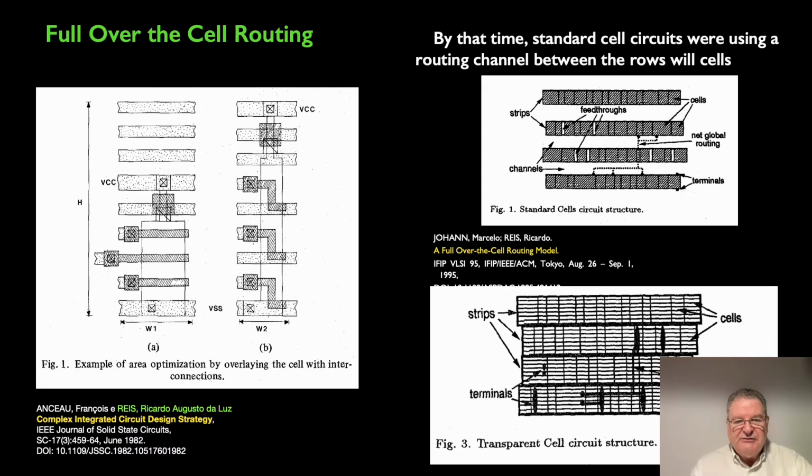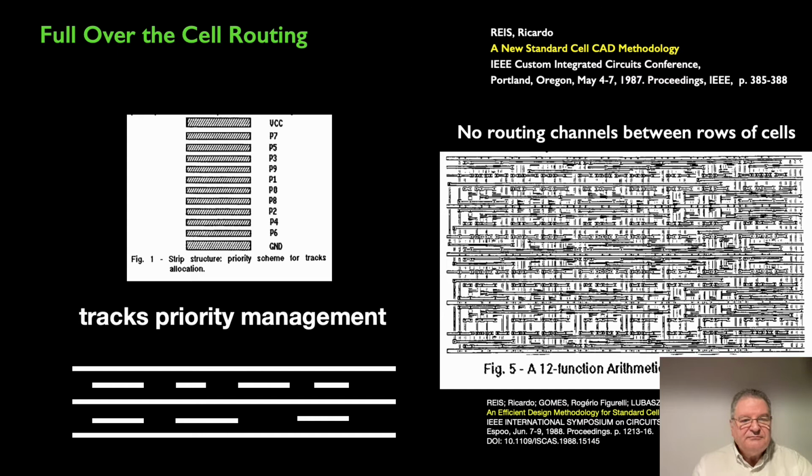Then we started developing tools at that time, '83, '84, where we also used track priority management. For example, one track had priority for connections between other cells, crossing one cell, and the short connections inside cells or between neighboring cells used the tracks with priority for these small connections.